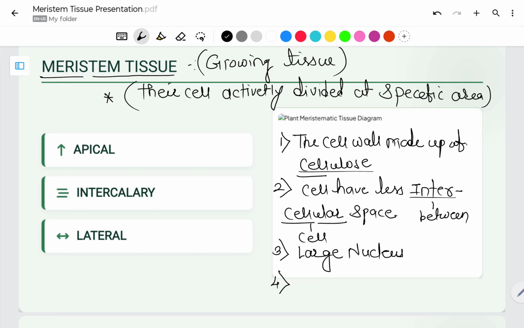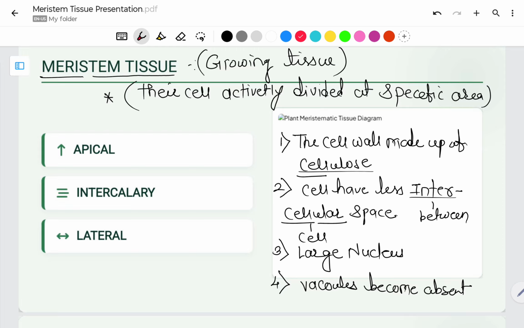Fourth characteristic, vacuoles are absent. This is the basic set of characteristics of meristematic tissue.